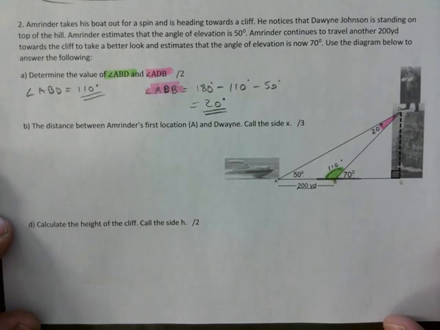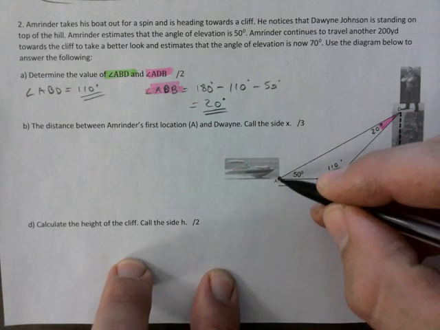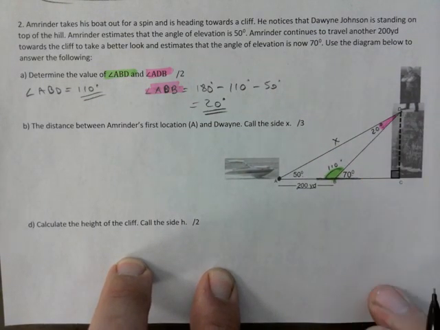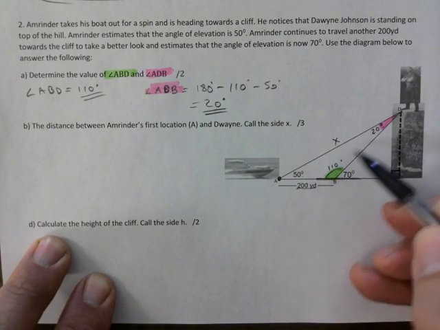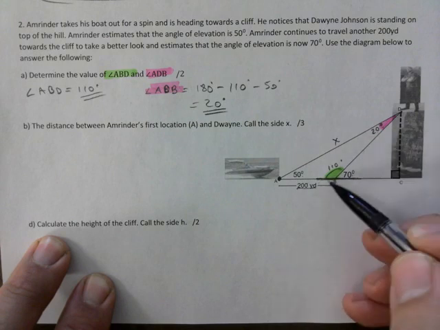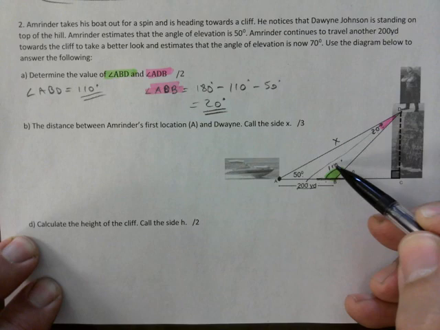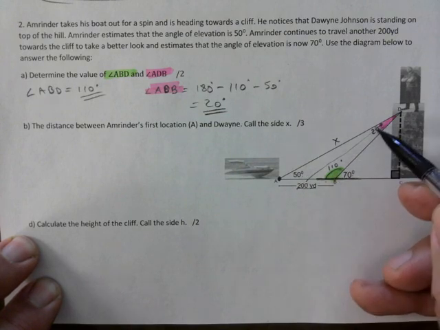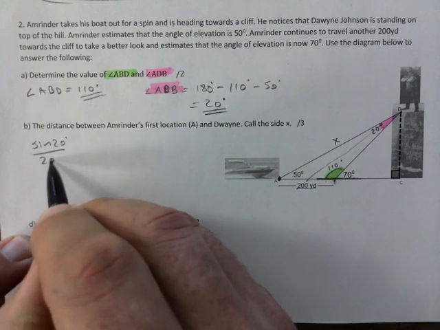The distance between the renter's first location, A, and Dwayne. Call the side X. So first location and Dwayne, this is X right there. And you have a pair. You should identify you have a pair. You see that, right? It's hard to see sometimes, but this angle is across that side. Forget about all the other stuff going on, but that is the pair that you need to start with.